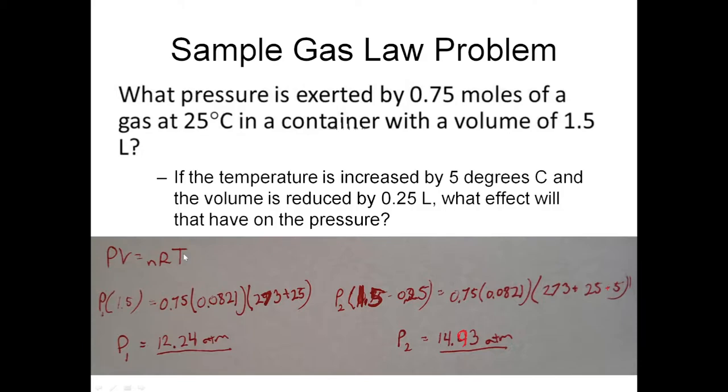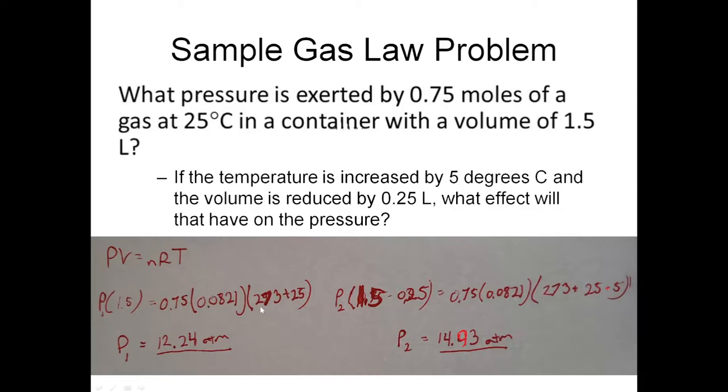Now, I said before that depending on the question, depending on the formula, you can use either Celsius or Kelvin for a particular formula. This is one of those formulas where you have to use Kelvin because it is specifically asking for current temperature, not change in temperature, current temperature. And if it's just T, you have to use Kelvin.